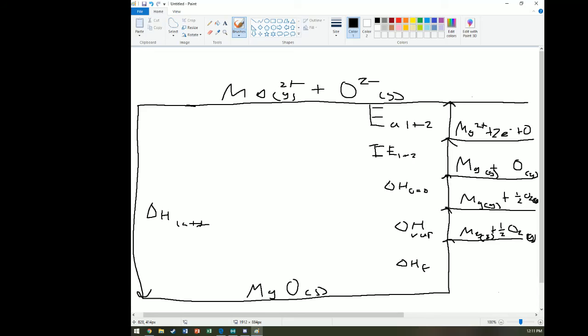So, since the question asked for the delta H of the lattice, let's add those all up. Now, it was given in the question, so let's add them all up. So it would be enthalpy of formation, so we have to go up, so 602 plus 147 plus O=O covalent bond enthalpy was 498 plus IE1 plus IE2, 735 plus 1445 plus first electron affinity.